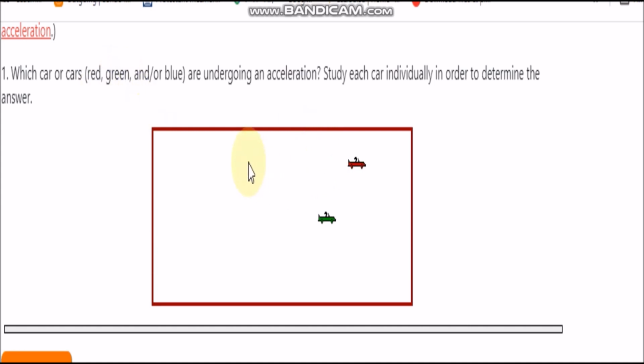If you see their movement, the green and the blue cars are speeding up. The blue and the green, look, the blue is very fast, it's accelerating. At the end, the green one gets ahead of the red car. That means the blue and the green cars are speeding up.